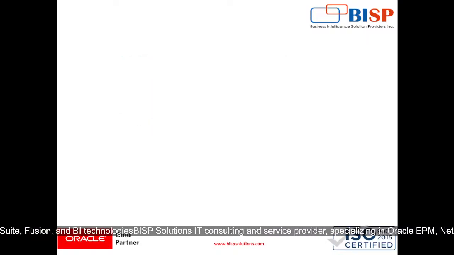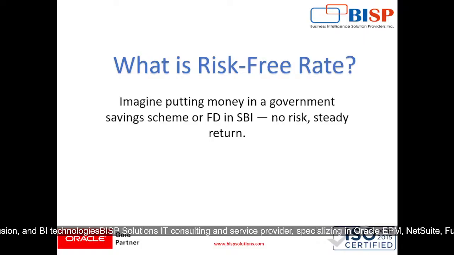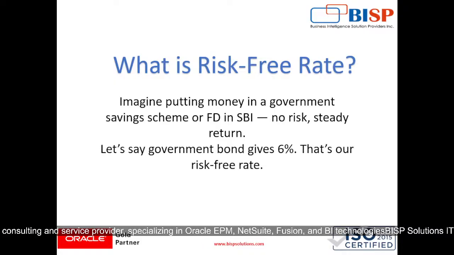Then comes what is risk-free rate. So imagine putting money in a government savings scheme, or we can say an FD in SBI. There is no risk and there is a fixed return we are getting, right? So let's say a government bond gives 6%. That's our risk-free rate.